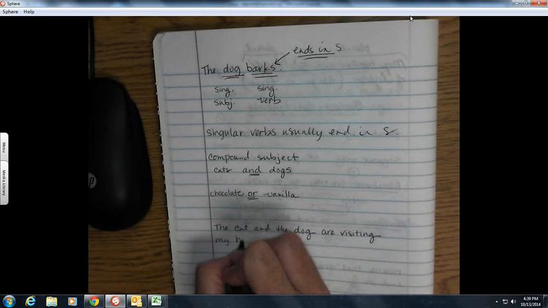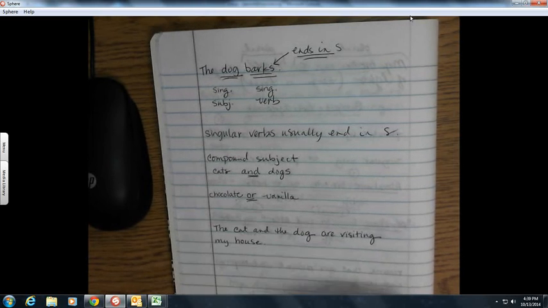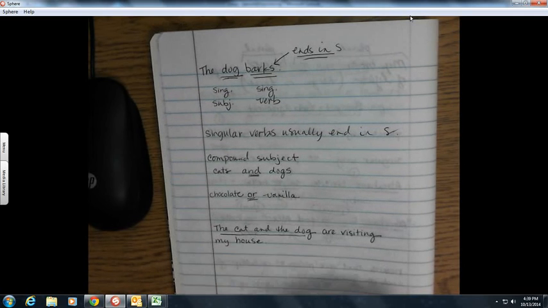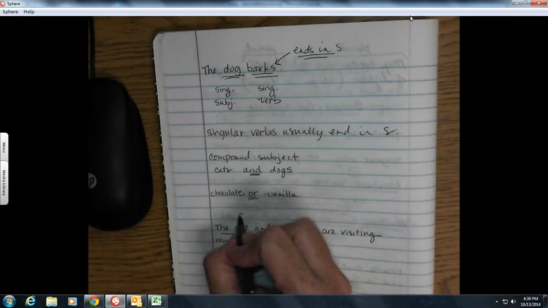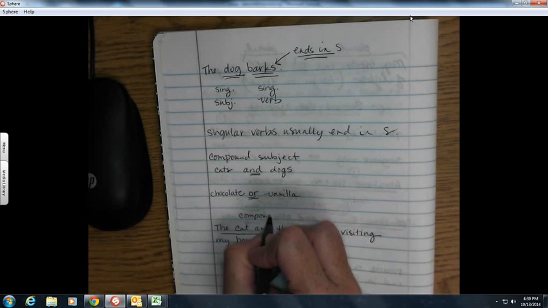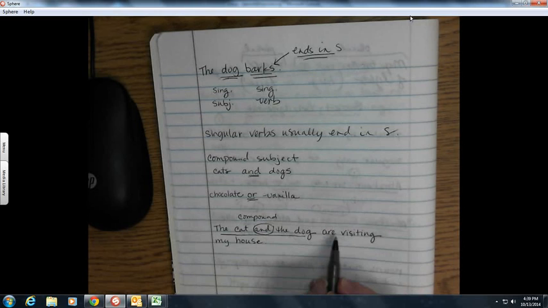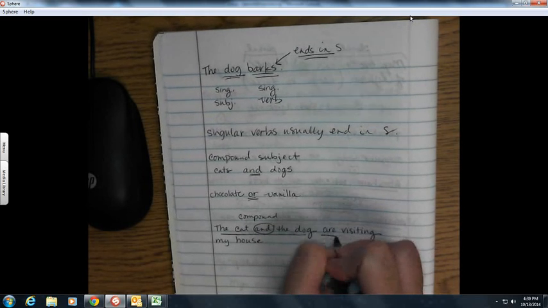The cat and the dog are visiting my house. So because I have a plural or compound subject, this is compound because it's joined by the word and, I need a plural verb. Are is the plural verb.